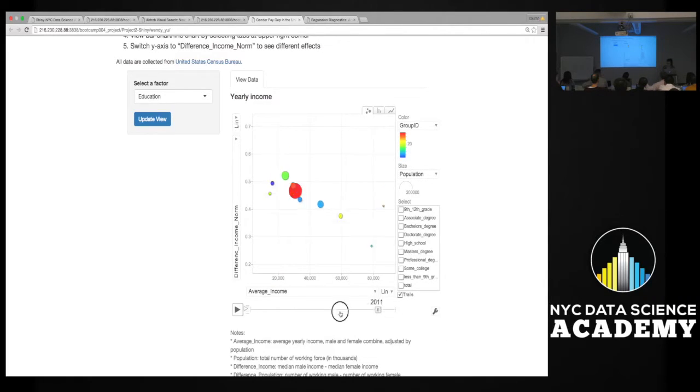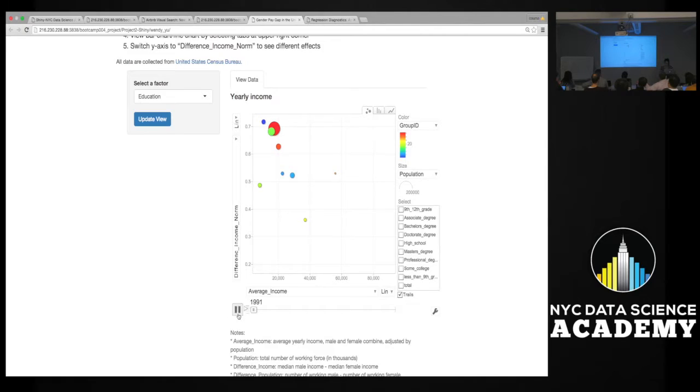Let's go back to the beginning. The same point here, in 1991, for people whose educational background was 9th to 12th grade, they're making 10K, and men are making about 0.7 more than women, so it's like 1.7 of the woman's income.